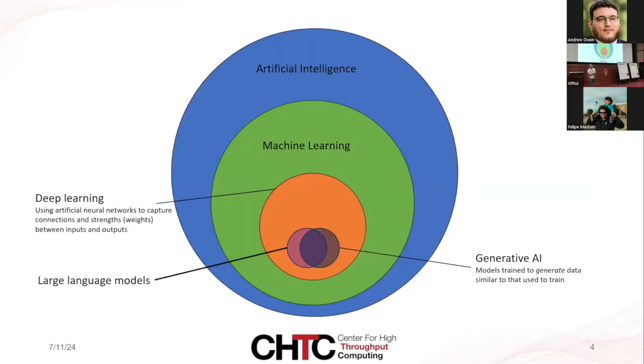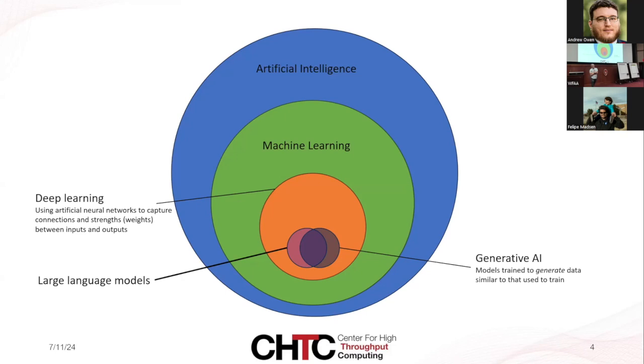So you often see this kind of Venn diagram in the artificial intelligence machine learning space. Artificial intelligence is the big outer circle. Machine learning is the inner circle, but then you have all kinds of ways to cover up the space more. So you have deep learning, which is a subset of machine learning. That's the application of artificial neural networks to capture different connections between inputs and outputs.